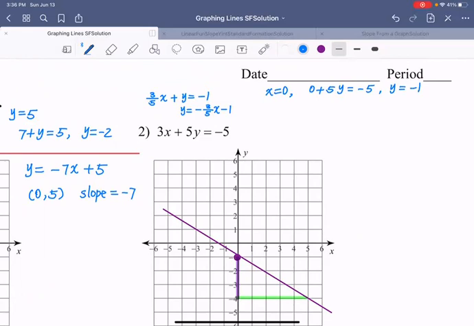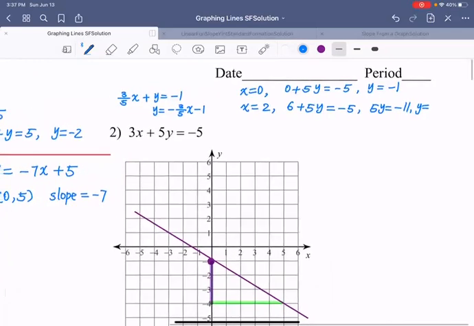What else do you want to try? X go to 2? Yeah. When x goes to 2, that is 6 plus 5y equals -5. 5y equals -11. y equals -11 divided by 5.